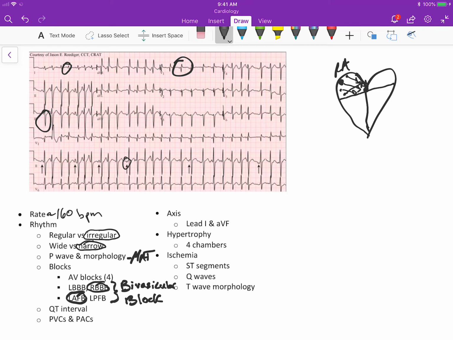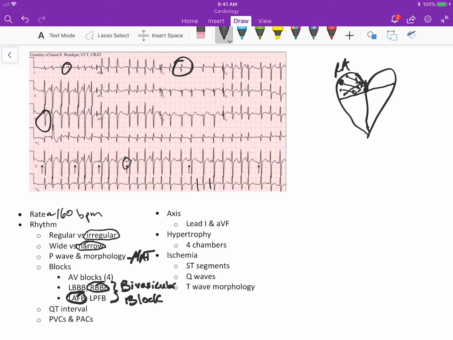All right, looking at our QT interval, it's tough because the patient is tachycardic, but I'm not convinced that it is. Oh, here's a good one down here. I'm not extremely convinced. Maybe here's another good one. Borderline QT, but not convinced.